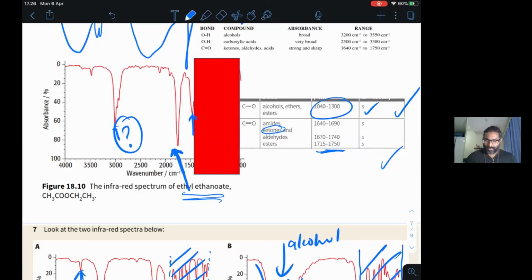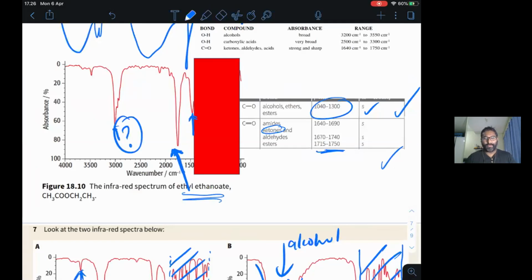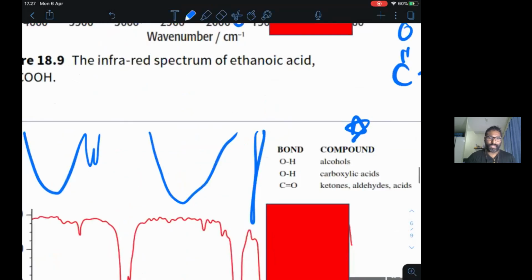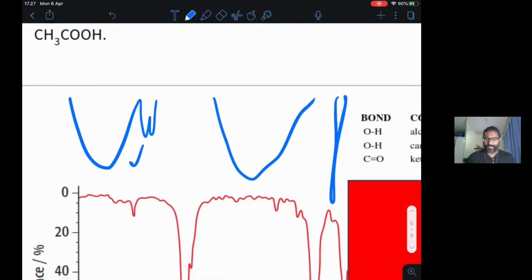So I hope you understand the topic today. I never say that the topic is easy, but it is a very short topic. They don't want you to learn a lot of things, but at the same time they want you to be able to identify the compounds. How do you identify the compounds? The trick is this one. If you have this compound, that's going to be alcohol.